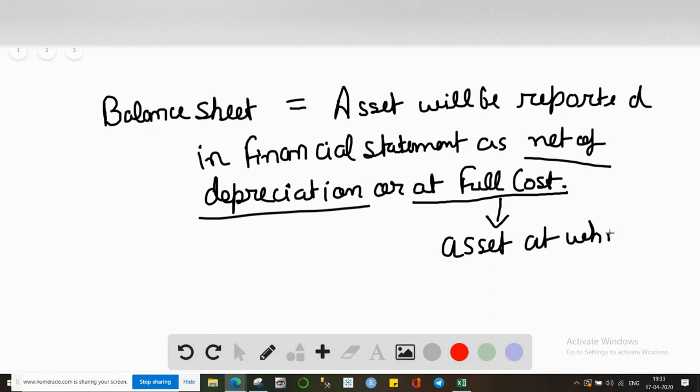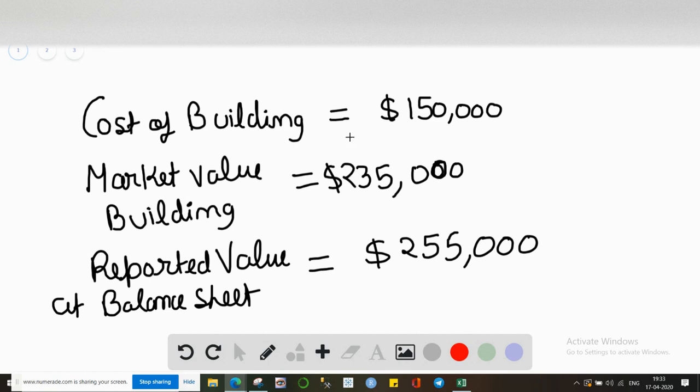Okay, so now we will come to our main problem. The cost of building was this, the market value of building was this. The reported value at balance sheet level is this.